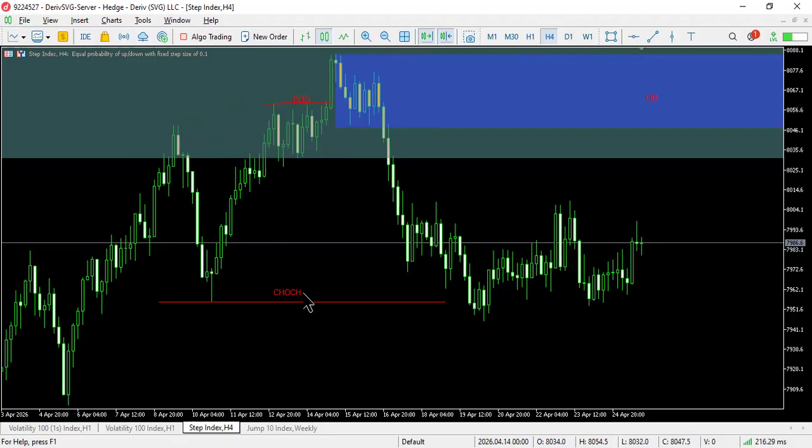Break of structure, and then the change of character happened at this level where the sellers broke this higher low. They violated structure by breaking this higher low. This is a change of character right there.